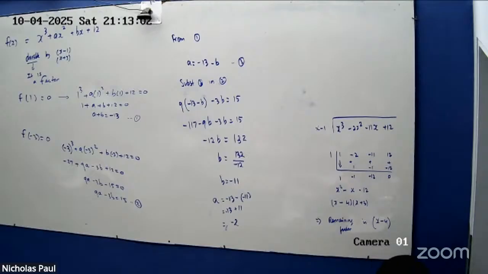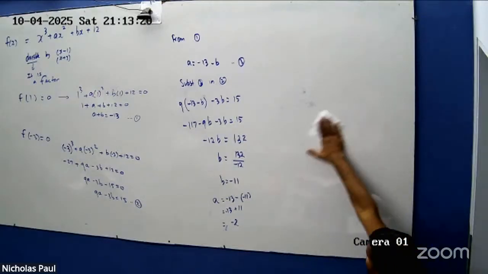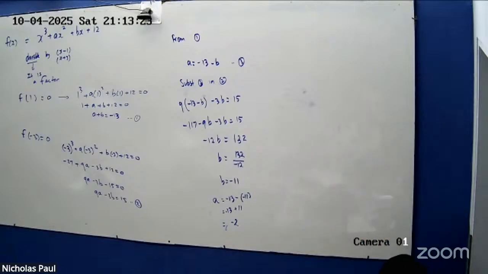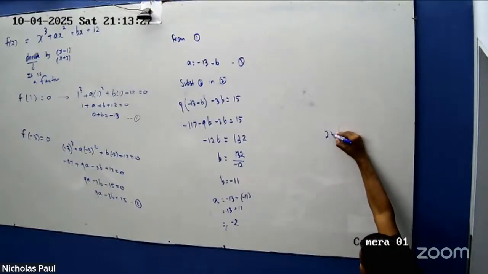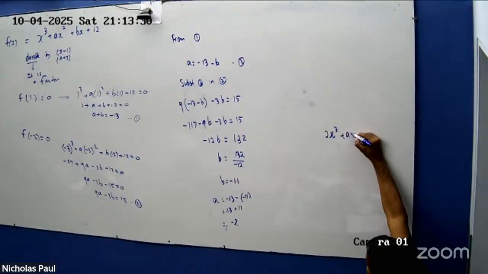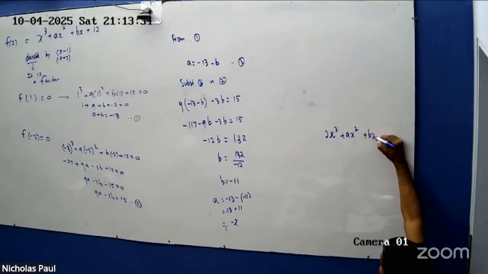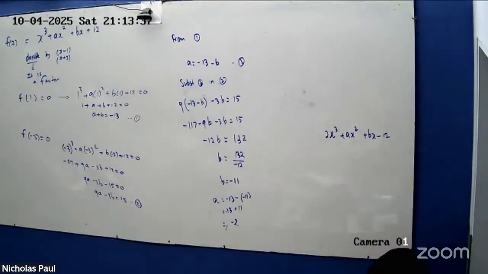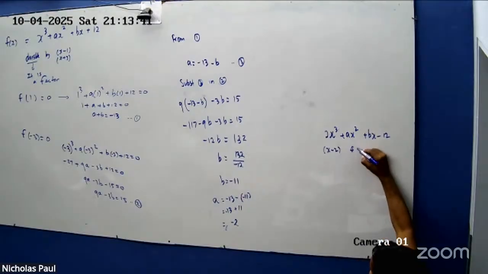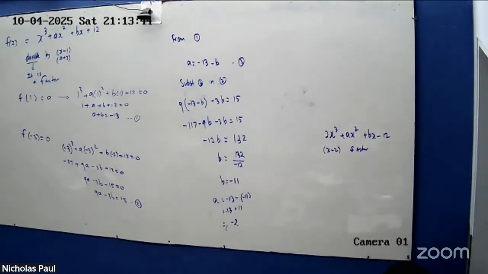Now I'm going to put it up. x minus 2 is a factor of 2x cubed plus ax squared plus bx minus 12. Sorry, I said the wrong thing. Minus 12.